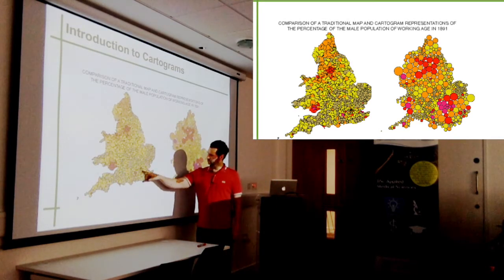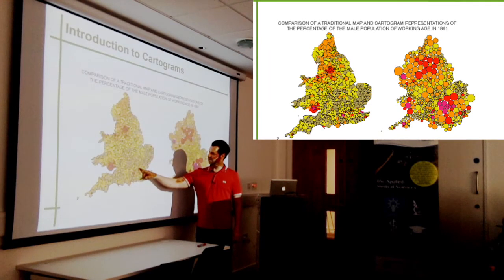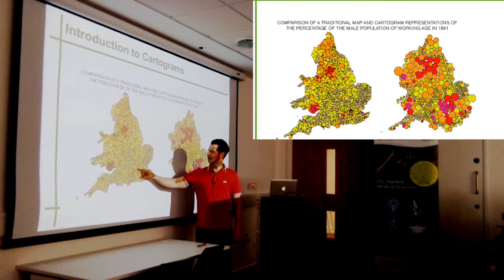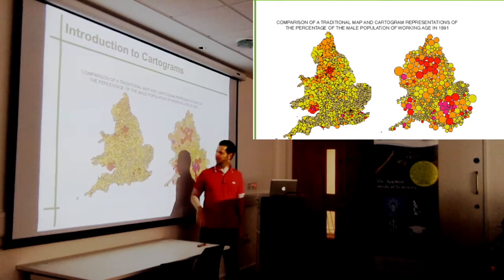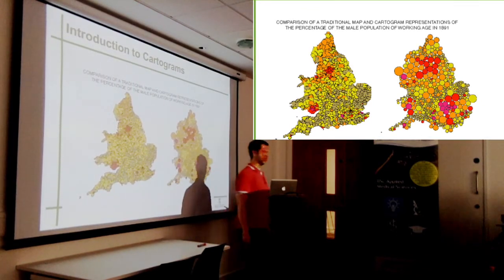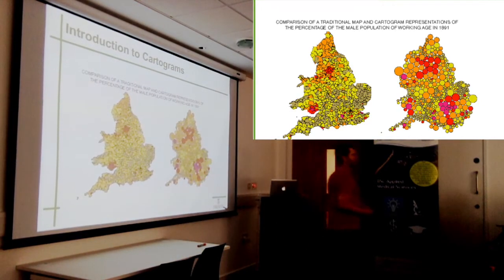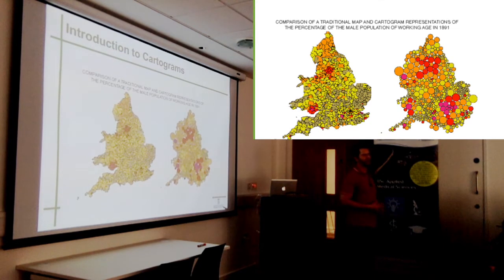But look what's going on. London has all these different regions, sub-regions or sub-areas, and they're all scrunched together, so I can't see what's going on in London, right? I might have the same problem in Cardiff, and I'm going to have the same problem in all densely populated areas.